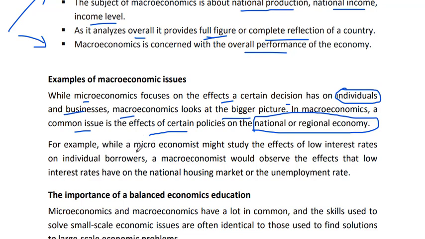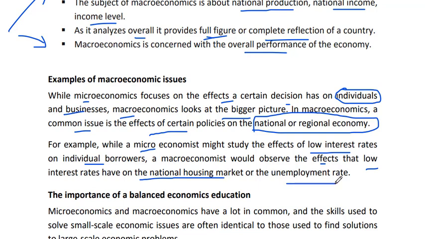For example, while a microeconomist might study the effect of a low interest rate on an individual borrower, say a loan, a macroeconomist would observe the effect that a lower interest rate has on the national housing market or the unemployment rate.